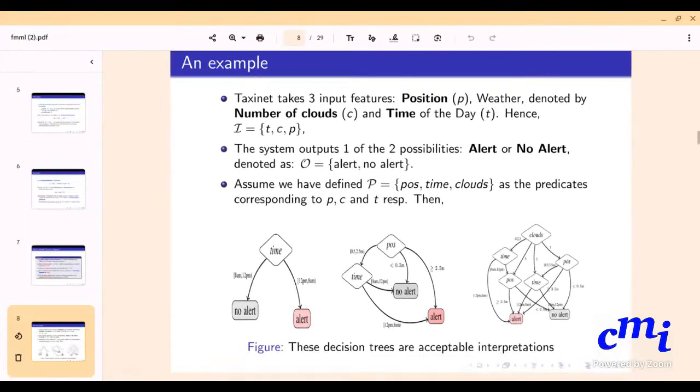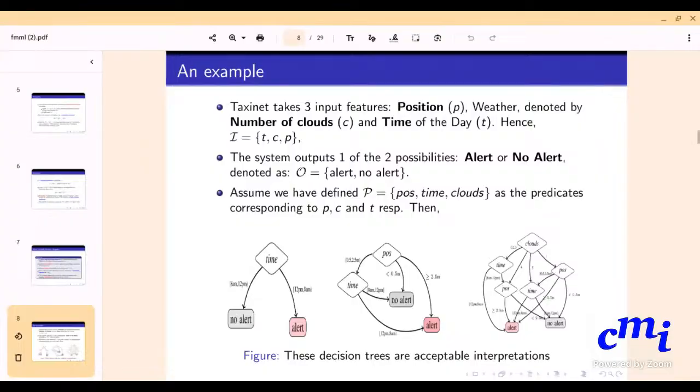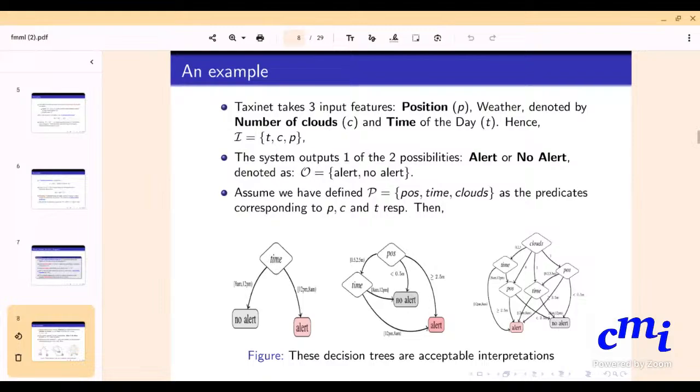Here we have taken one example of the TaxiNet with input features: position, weather, which is denoted by the number of clouds, and time of the day t. Hence, our input feature set is t, c, p. Our output set takes alert or no alert. These are two of the possibilities. The stylized rho, the output, is alert or no alert.